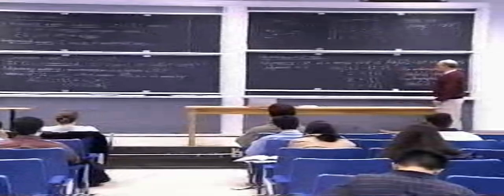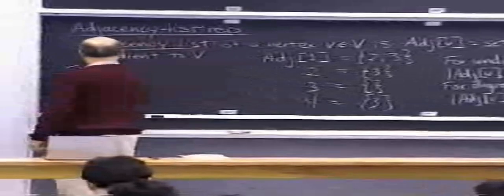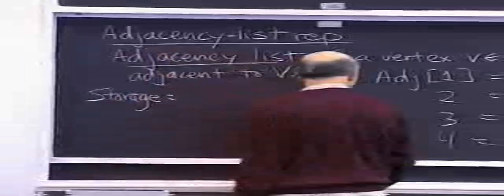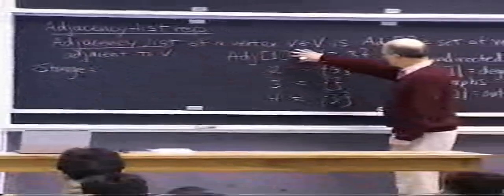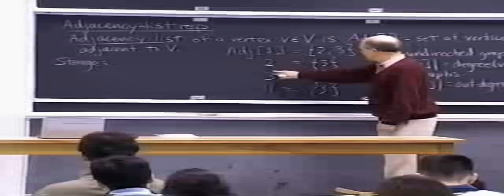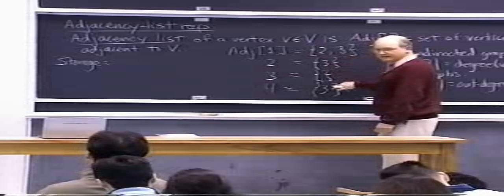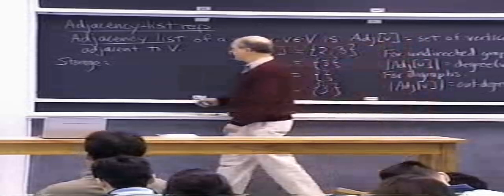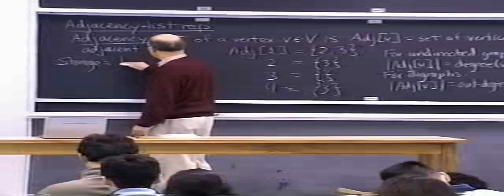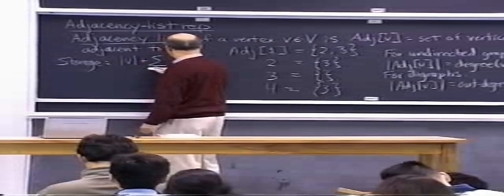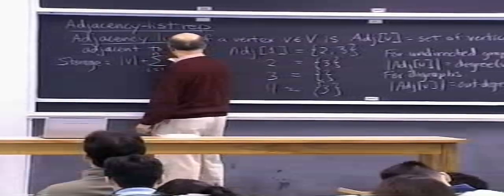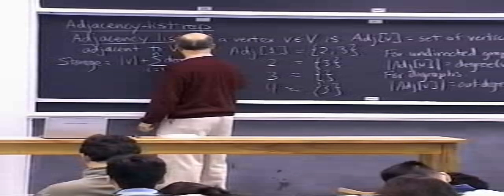So if I look at how much storage is required by the adjacency list representation, the storage is essentially order V, because I have to have at least V storage, plus the degree of each of the vertices. So it's basically V plus the sum of i equals 1 to n of degree of i.